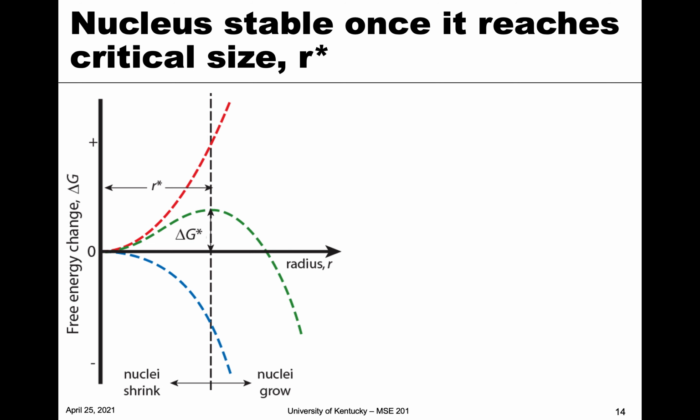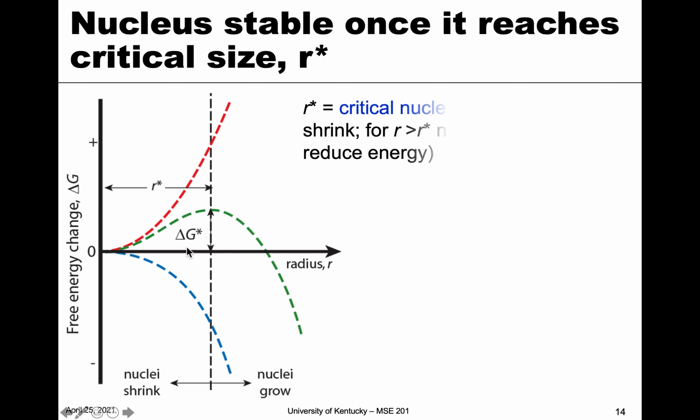So basically what this is showing us is that this is a critical point. We call this delta G star, because once the nuclei reaches the radius corresponding to this value, we call it R star. This is R star because that's the maximum amount that we have to put into the system. So for radii less than r star, the nuclei is just as likely to shrink as it is to grow.